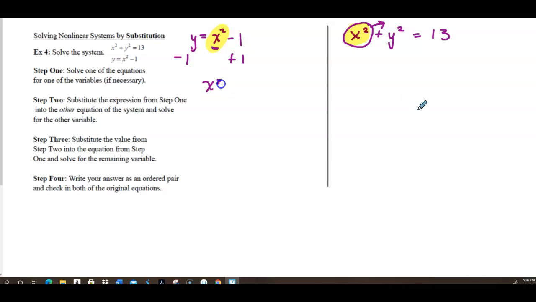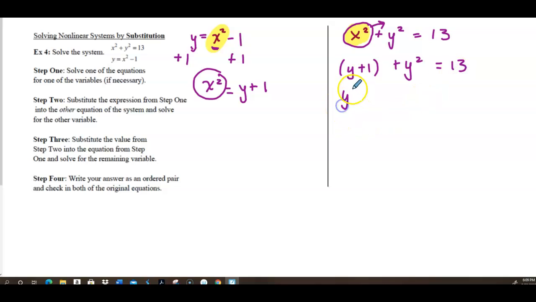X squared is equal to y plus 1. And now, just like I did before, x squared is going to go out, and in is going to go its sub, which is y plus 1 plus y squared equals 13. You can see I have a quadratic equation, so I'm going to set the whole thing equal to 0.